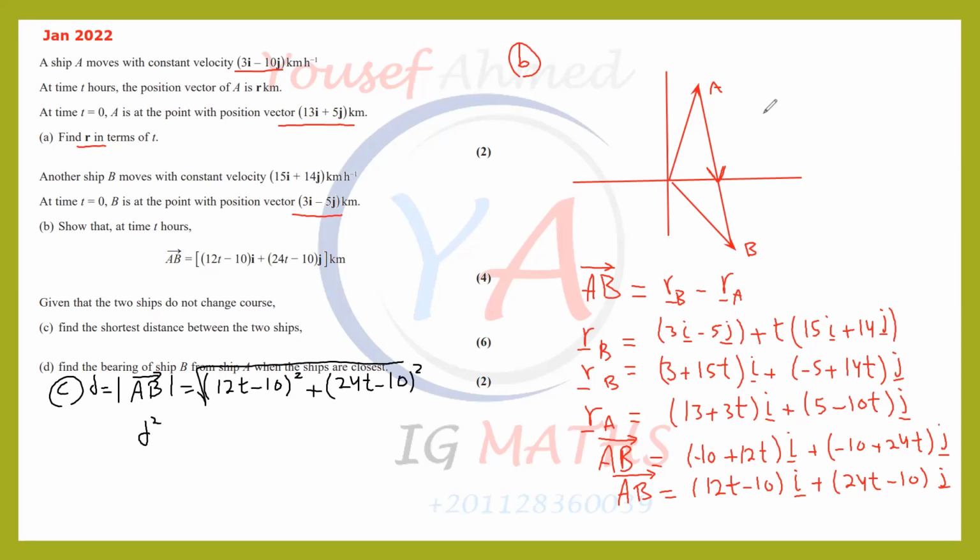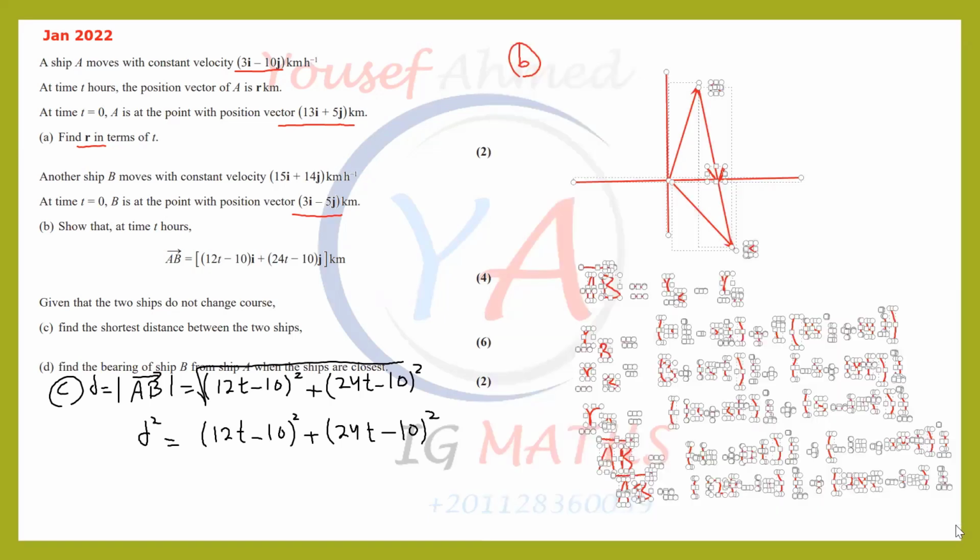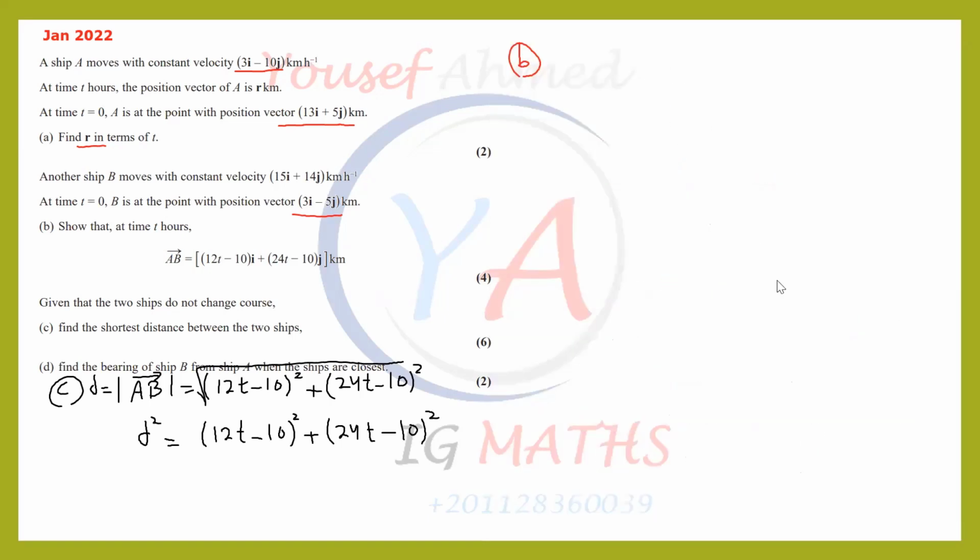It's supposed to be below the square root, so if we square this, it will be written as (12t minus 10) squared added to (24t minus 10) squared. Then we can erase what we wrote here in part B and work on part C. So now we got the distance here.